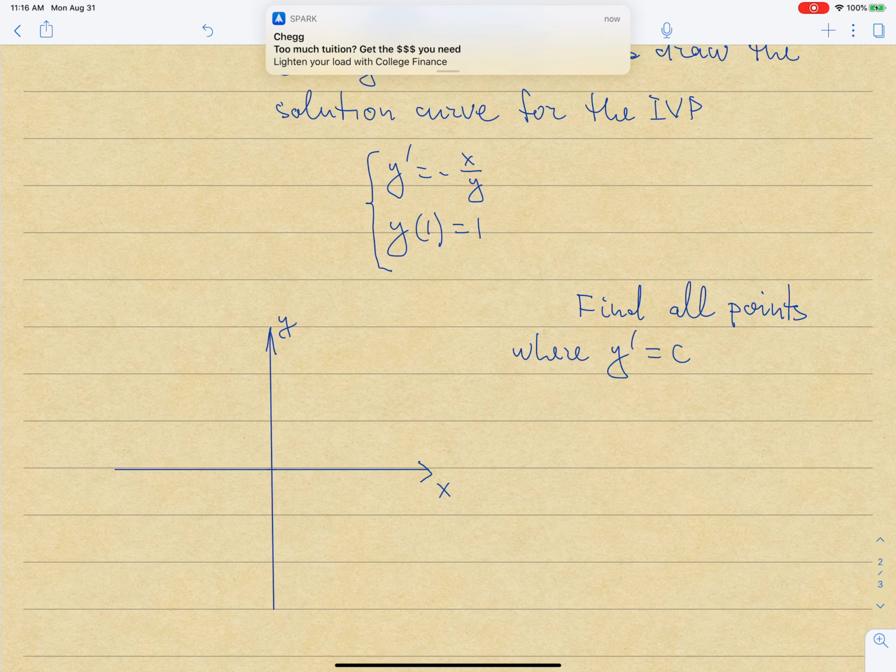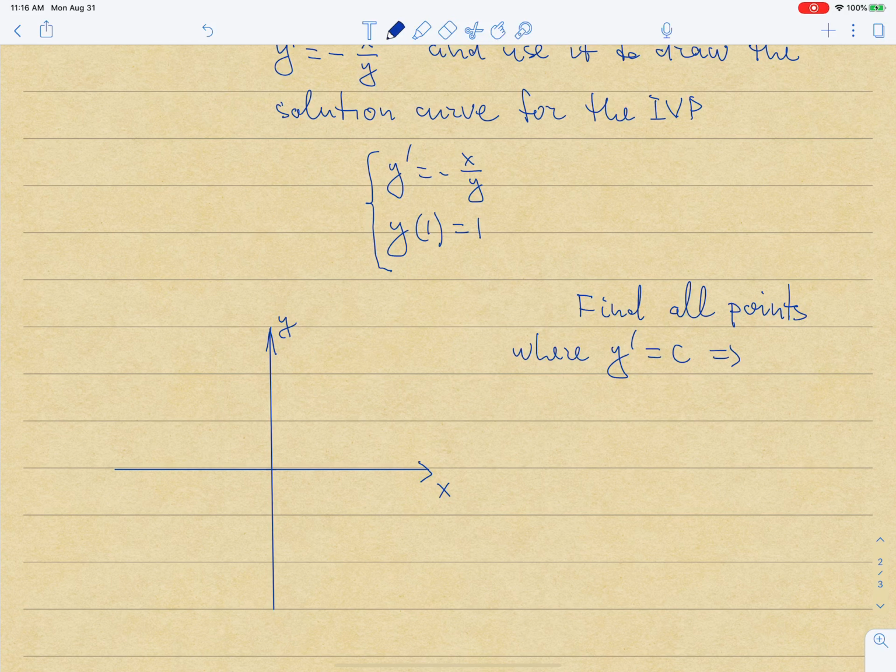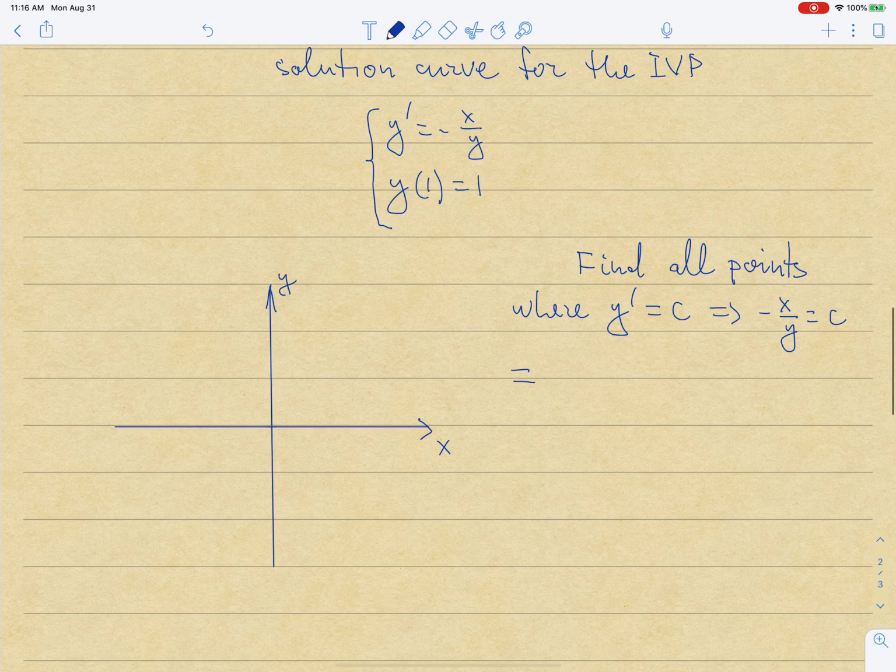So therefore, we want all points where minus x over y is a constant. Okay, and so when is minus x over y a constant? Solve this for y. So y is going to be minus x over c.